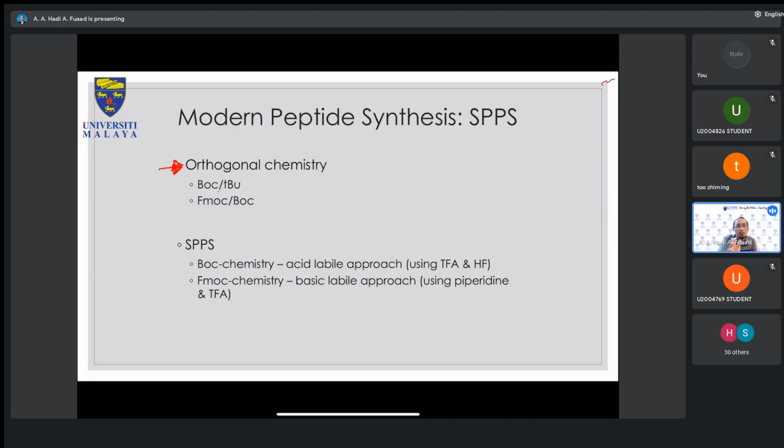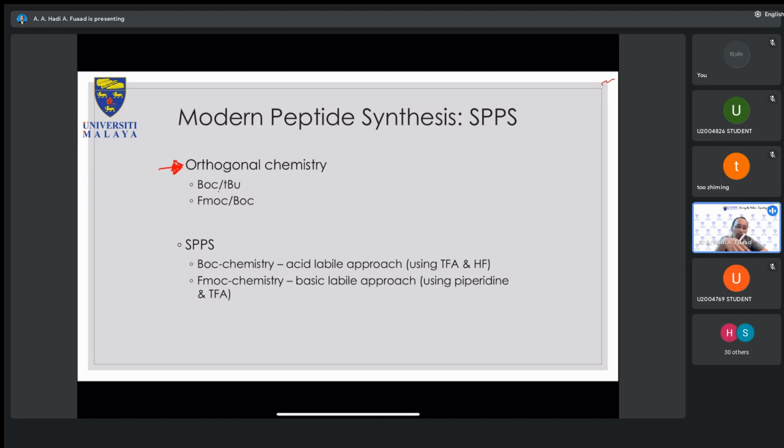These are orthogonal. Why? Because BOC and TBU complement one another. Both of them are still acid labile, but BOC is more susceptible to weaker acid compared to TBU. So to remove TBU you use HF, but to remove BOC you can simply use TFA.